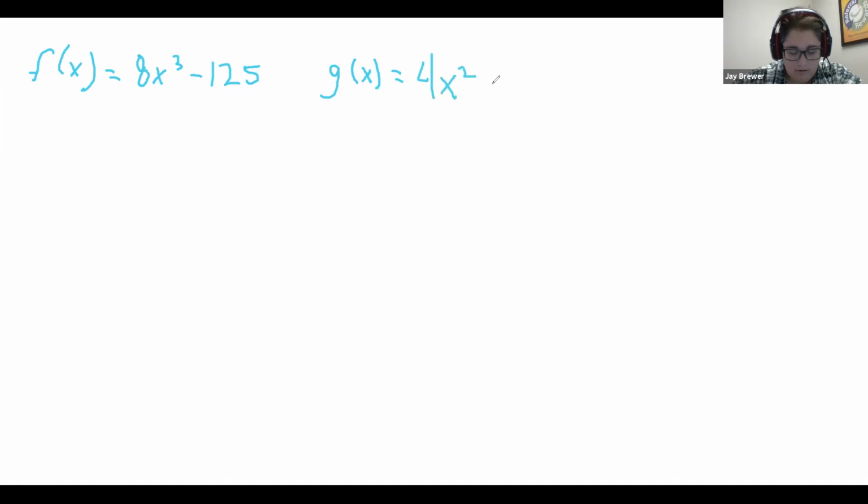4x squared minus 25. Okay, so for part A, they want us to find the equation for f over g. And then once we do that, for part B, they just want us to do an evaluation of f over g at 3.